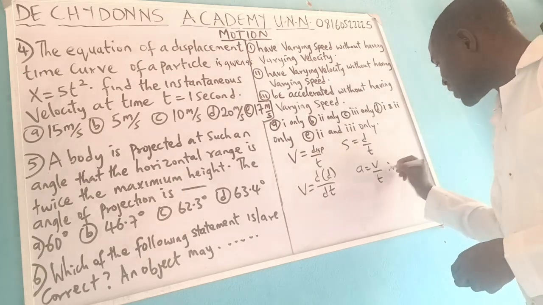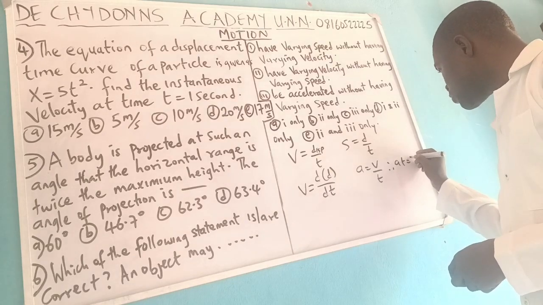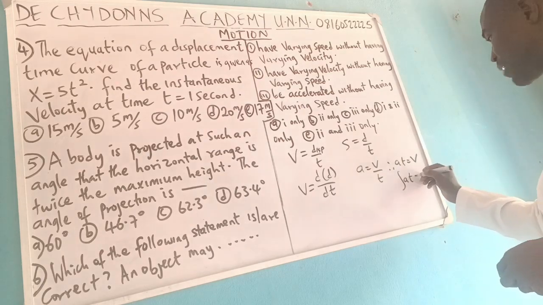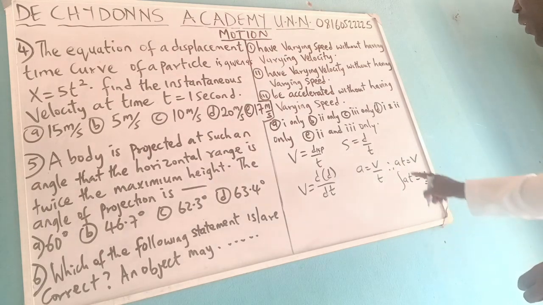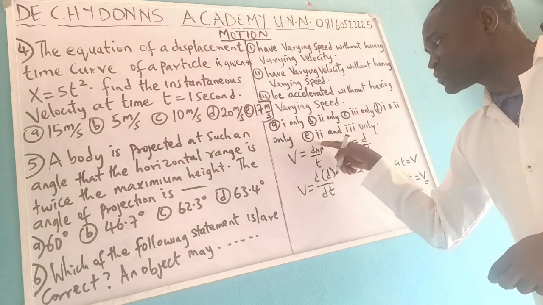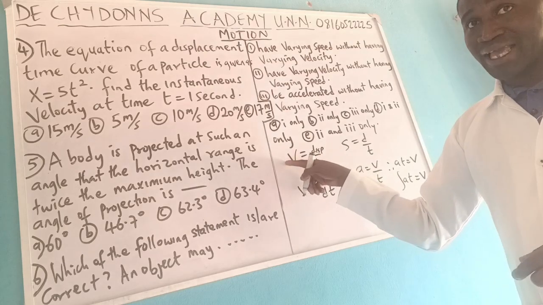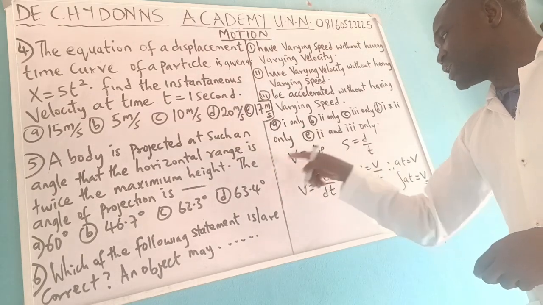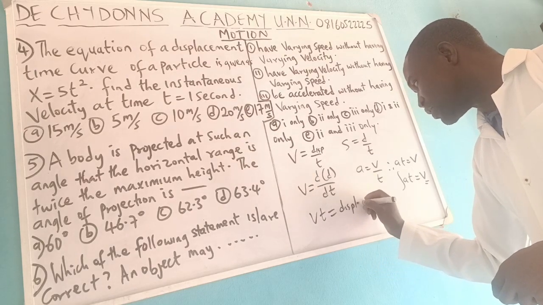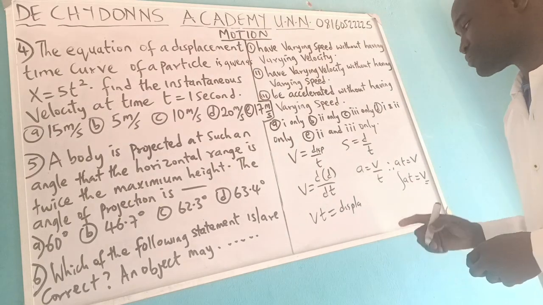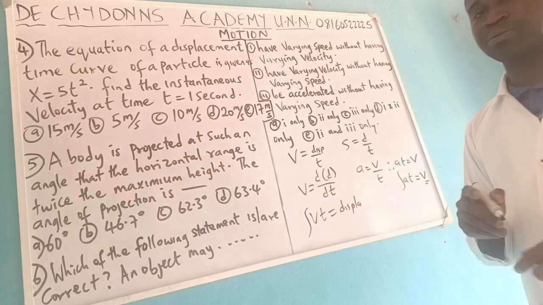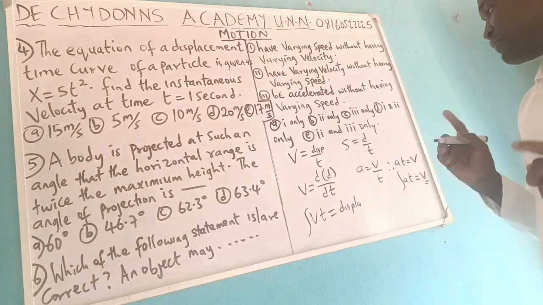And when you integrate acceleration with respect to time, you get velocity. So when you differentiate displacement with respect to time, you get velocity. From here, in the other order, Vt equals displacement. In case they give you the one of velocity, it means that when you integrate velocity with respect to time, you get displacement. Please have this understanding very well.